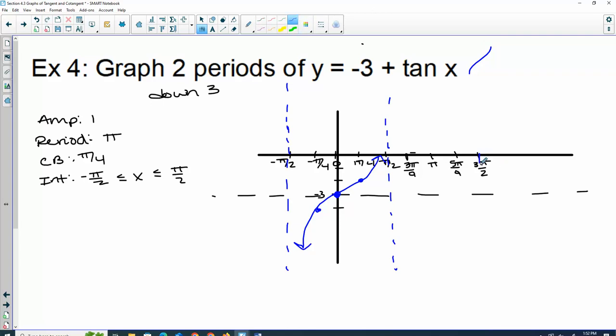You would have another vertical asymptote at the end. And in the middle, so at pi you'd be at your 0 line. And then we're just repeating. Starts down low, goes up high.